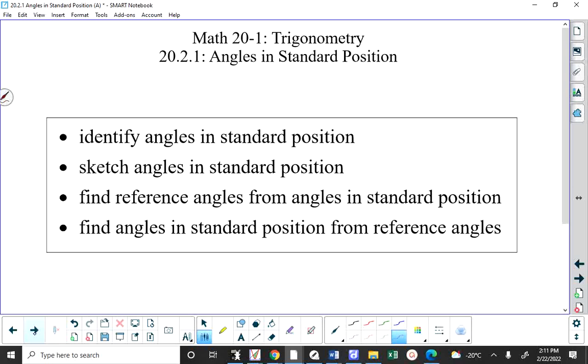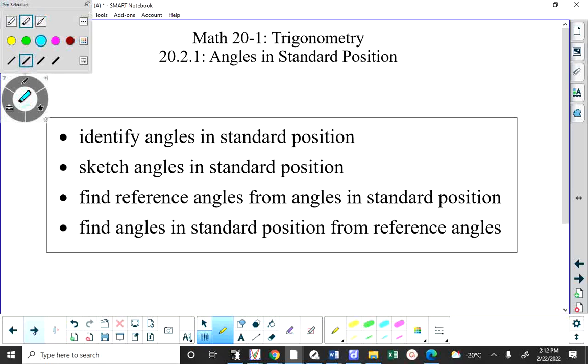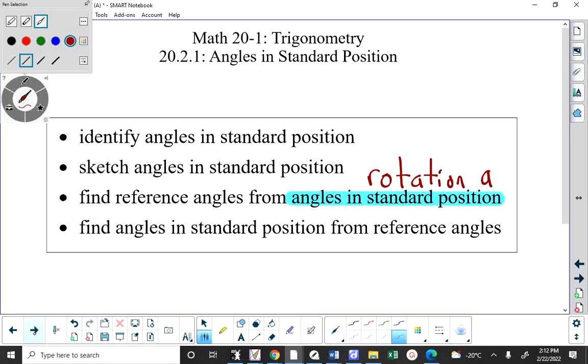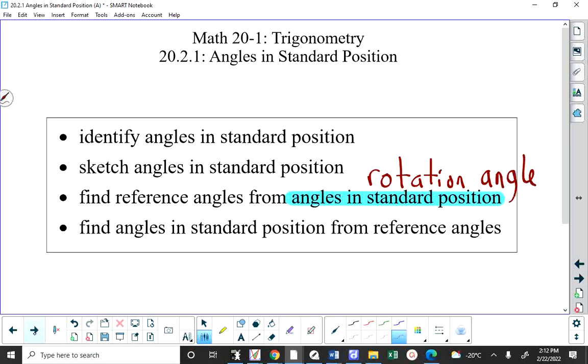And I better clear this up right now, that whenever we talk about an angle in standard position, this is what we call a rotation angle. So I'm going to be using most likely the phrase rotation angle, but you might see in your textbook or your notes angle in standard position. They mean the same thing.